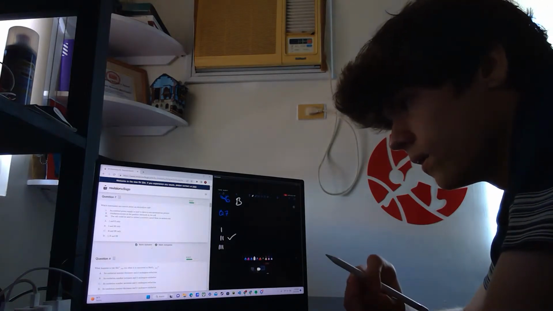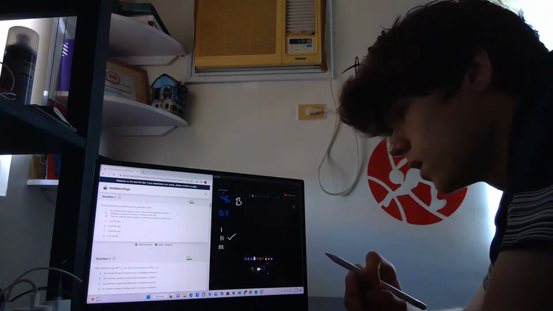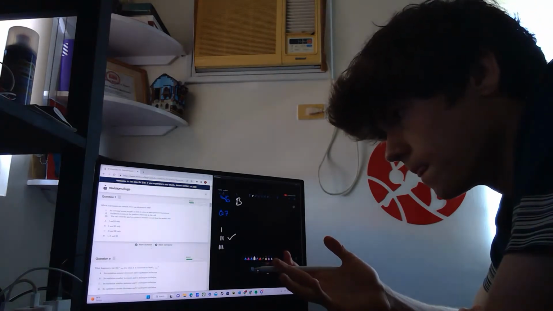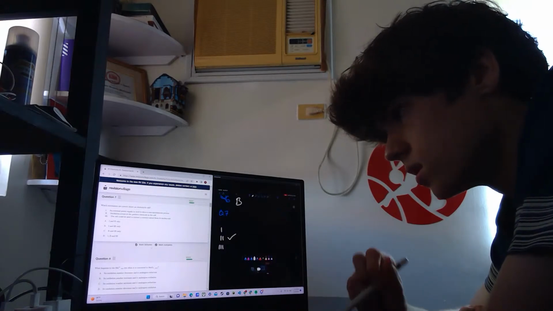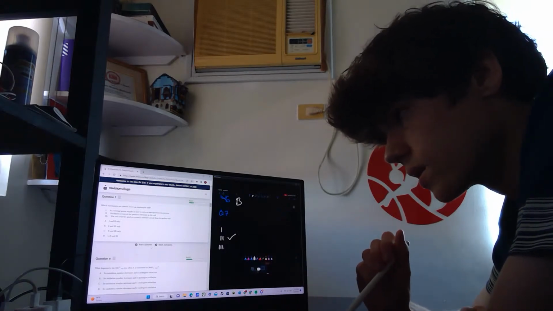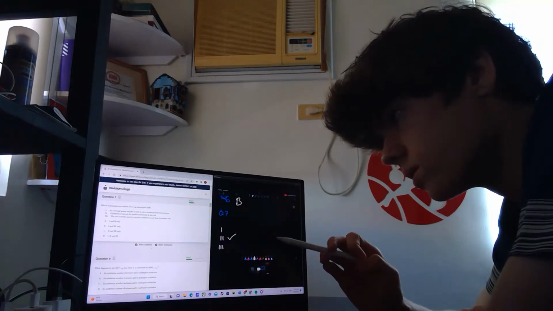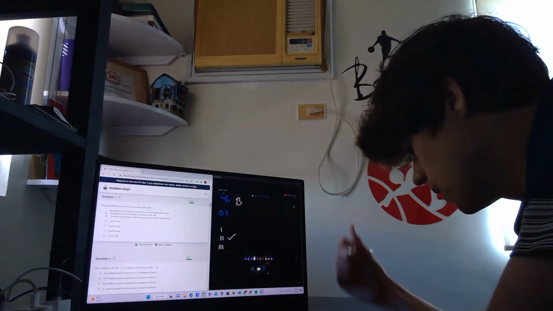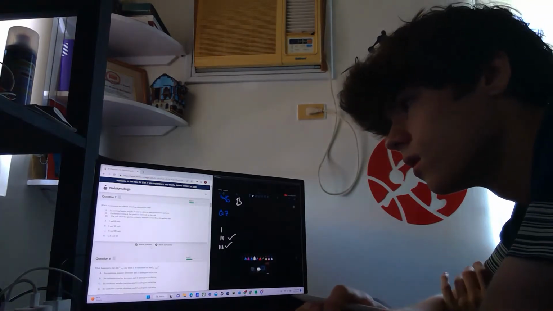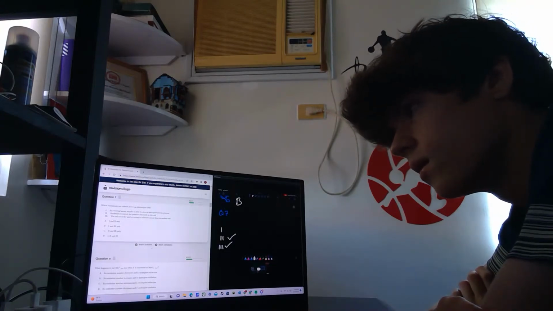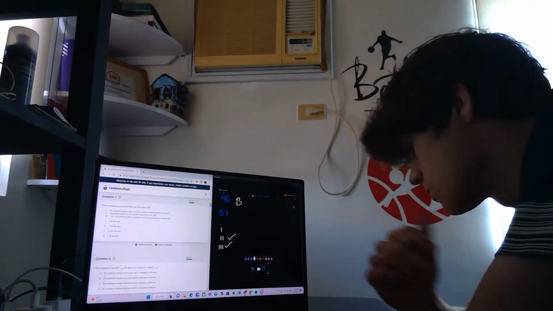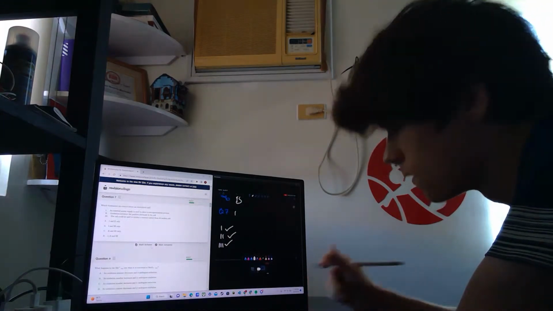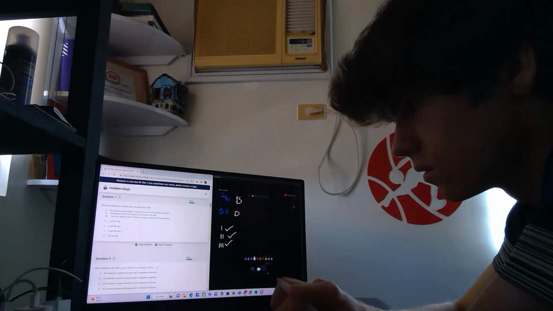Oxidation does occur at the anode because the anode is positive in this case, because it's an electrolytic cell. The cell could be used to extract the reactive metal from its molten salt. Yeah, I believe so. And then the non-spontaneous process. Yeah, I believe so. I believe all 3 are correct. I say D. Yeah.